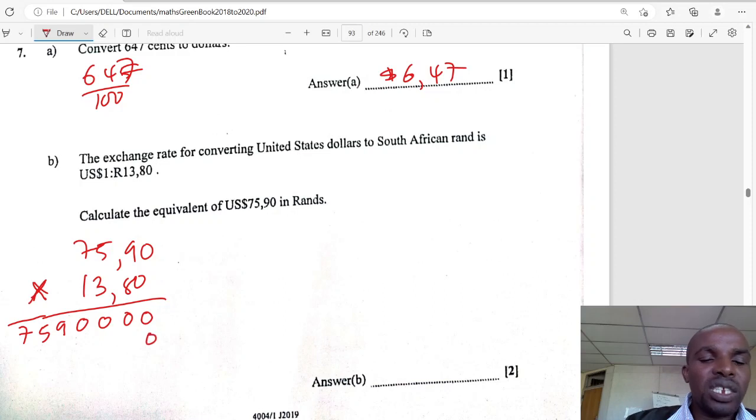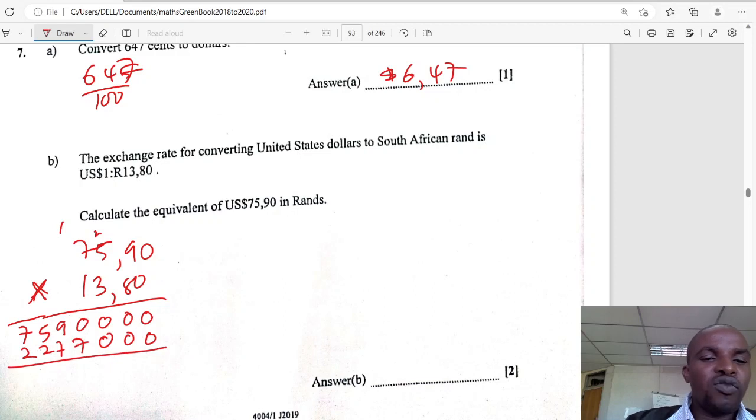Then we move on to 3. 3 times 0 is 0. 3 times 9 is 27, carry 2. 3 times 5 is 15 plus 2, 17, carry 1. 3 times 7, 21 plus 1, 22.